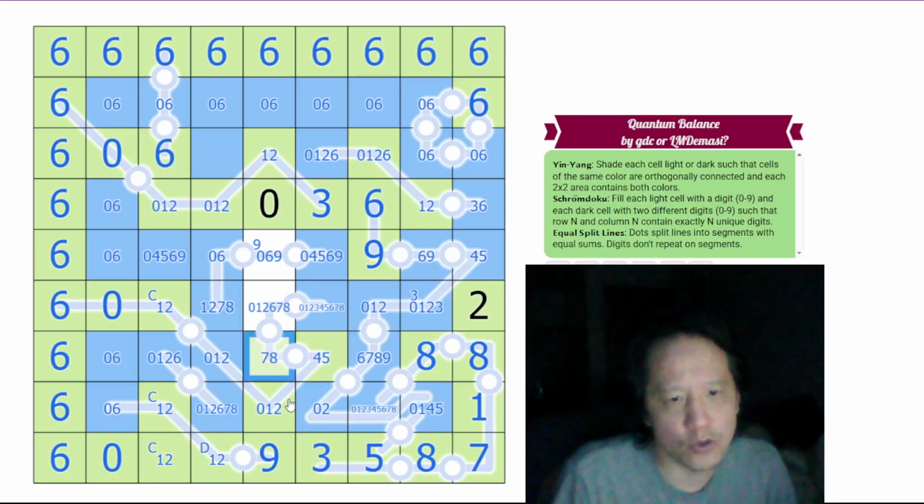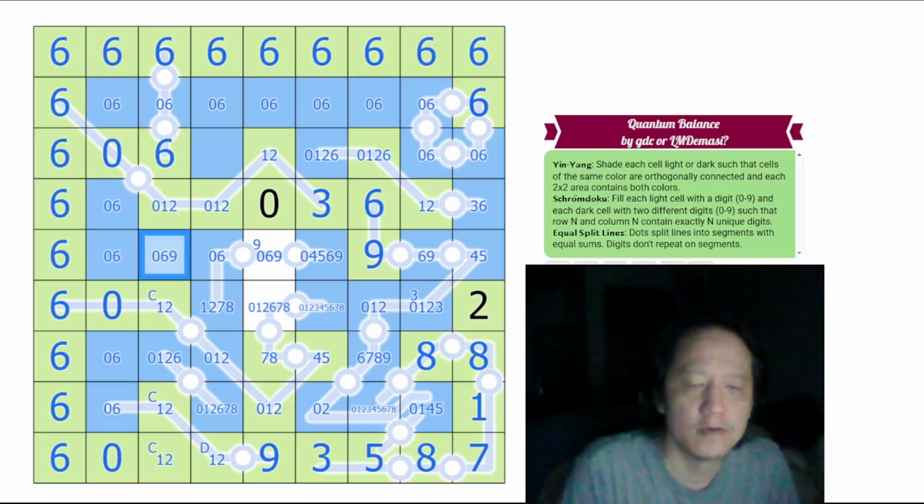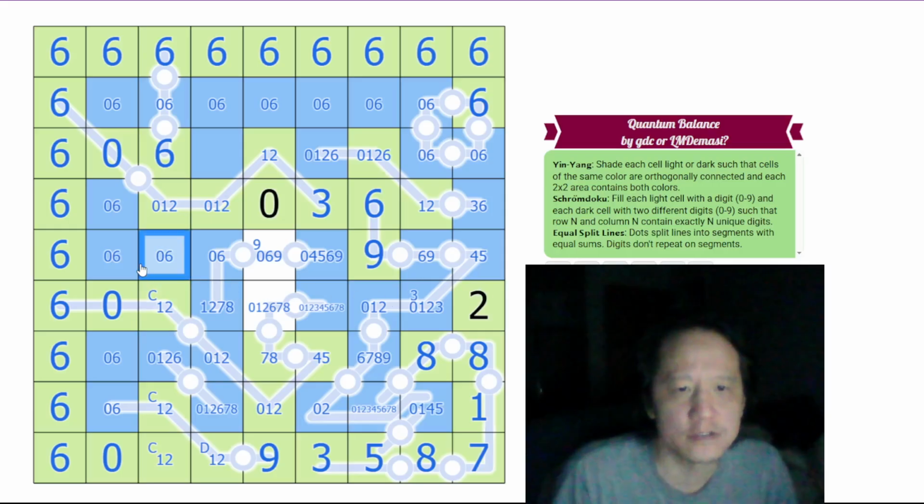If this were 8, okay, so this can't be 4, 5, or 9. This is 0, 6. It cannot be the other 1 or 2 here, so this is 0, 6 guaranteed. Okay. This is C, C, C.